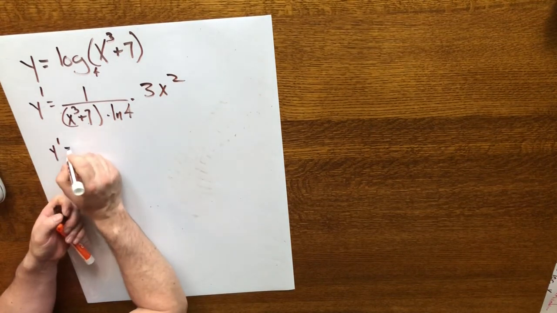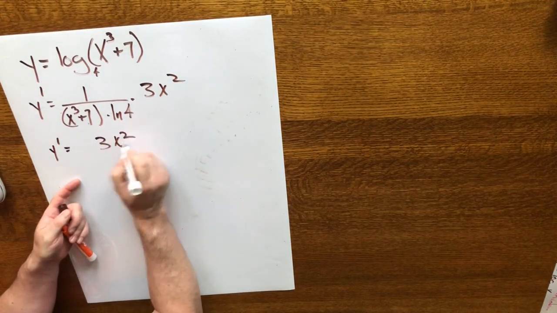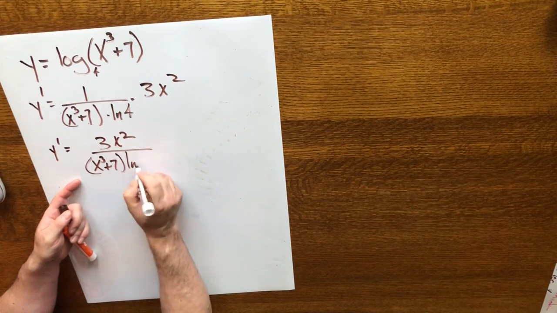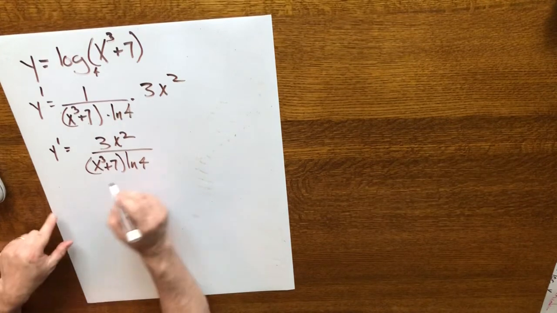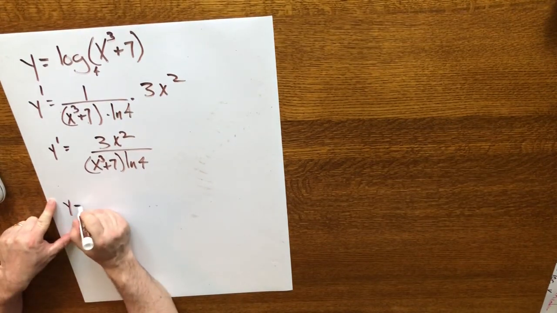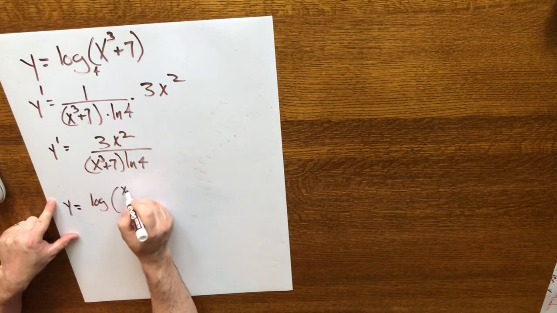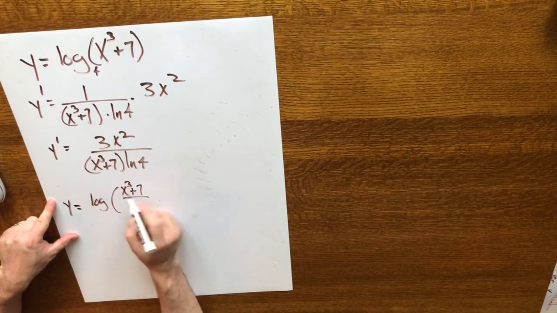So y prime equals 3x squared over x cubed plus 7 times the ln of 4. And if the argument can be simplified using the laws of logarithms, you will do that first.